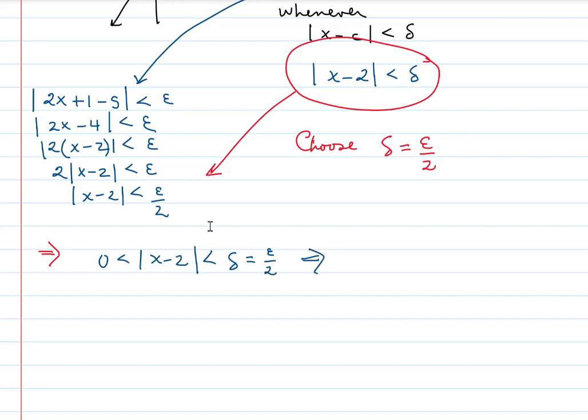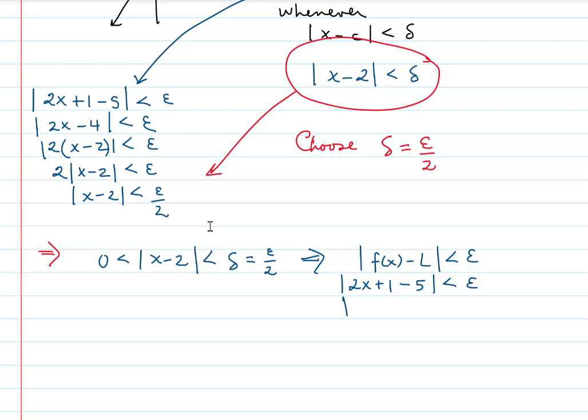This implies that the absolute value of f of x minus L, I'm going to write it with the symbols here, is less than epsilon. But remember what my function was? I've already worked it out here, but I'm going to do it again. The function was 2x plus 1, minus 5, less than epsilon. Okay, is this true?